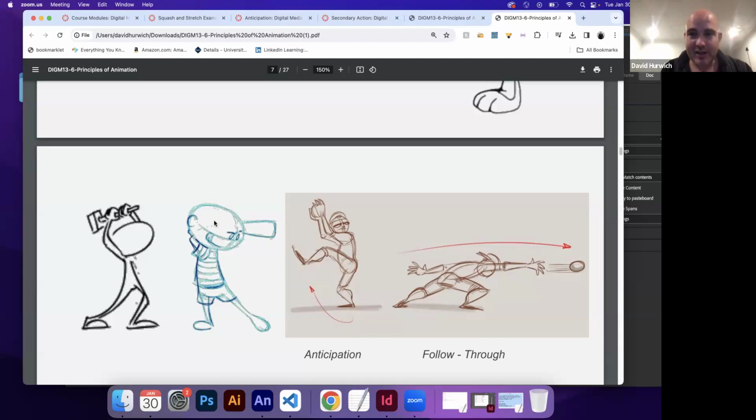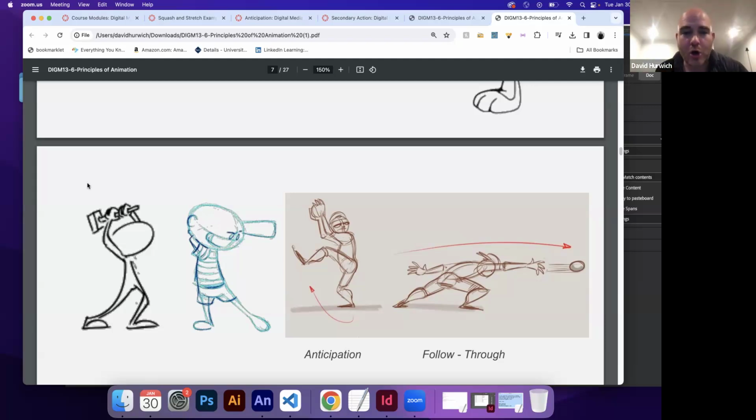So in other words, it's kind of hard to see in my video, but if I was going to punch in an animation, rather than just punching, I would wind up and then punch. This wind up draws in the attention of the audience, and then they're focusing on my hand, and then I punch.